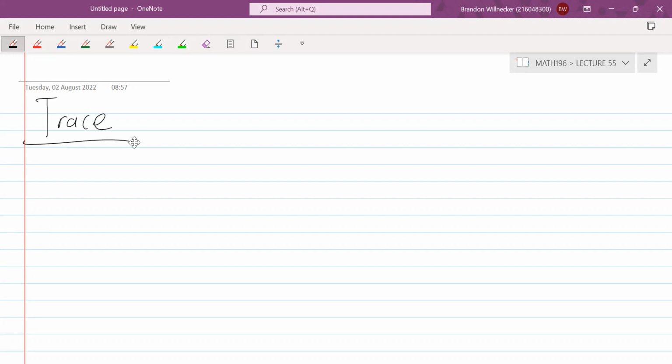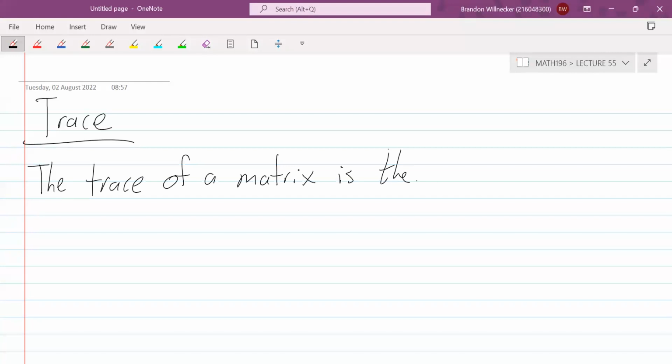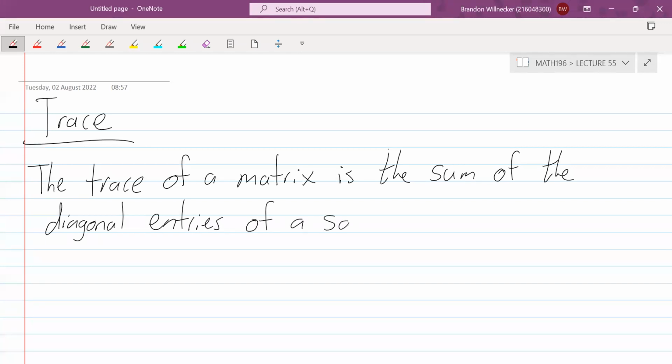The trace of a matrix is the sum of the diagonal entries of a square matrix. So that is the trace of a matrix, and we see that it only works for square matrices.